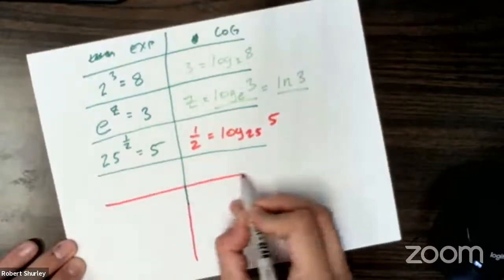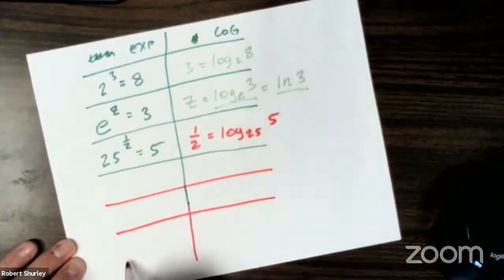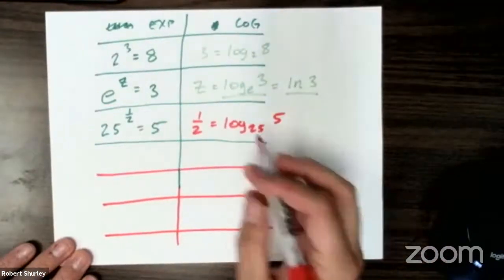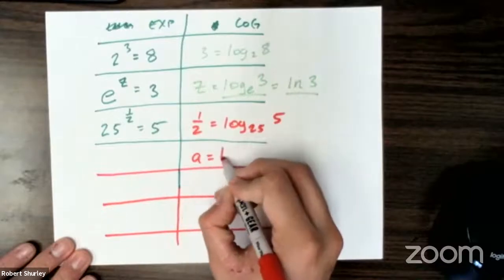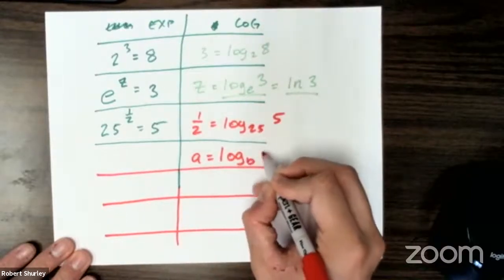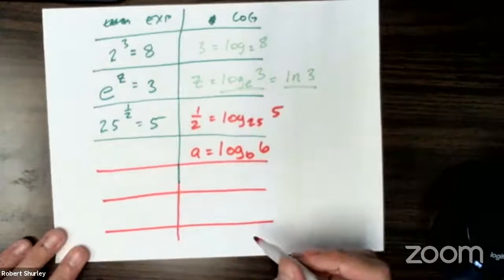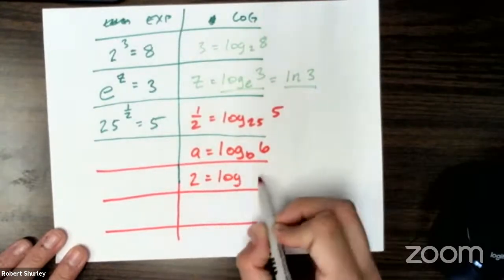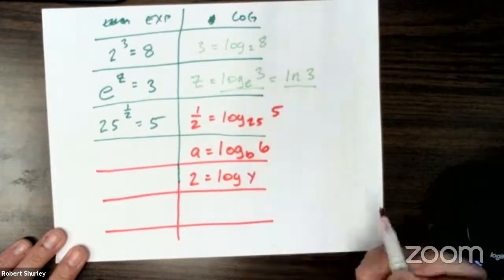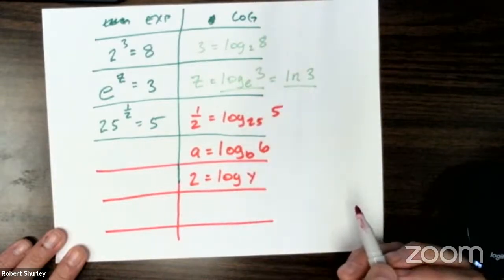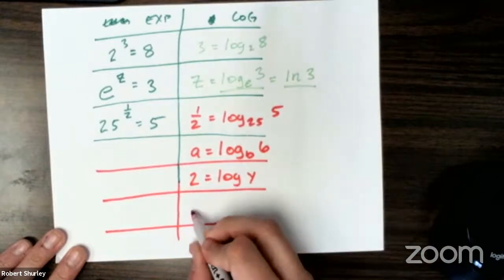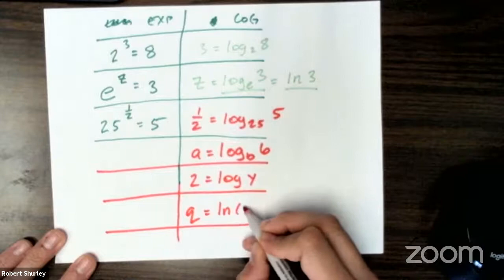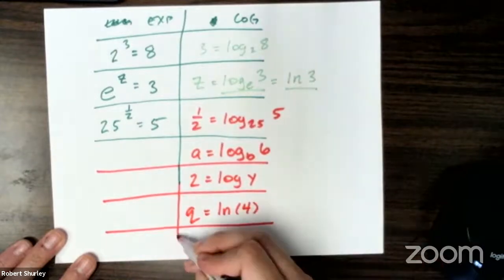Okay, so now I want you to go the other way. I'm going to give you a few more examples, but I want you to go from logarithm now to exponential. Let's say I gave you a equals log base b of 6. 2 equals log of y. Let's do an ln in here: q equals ln of 4.